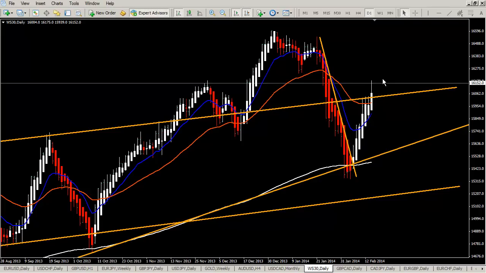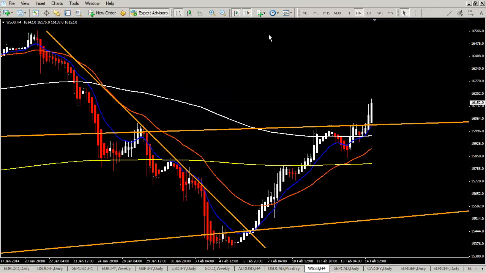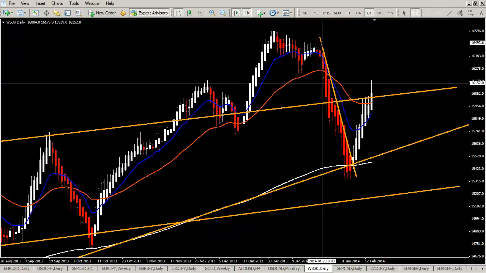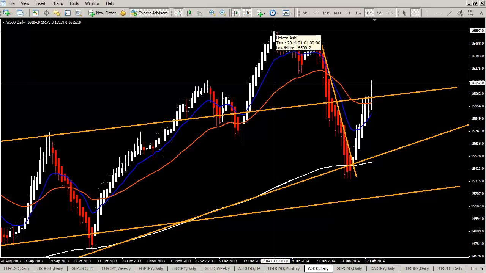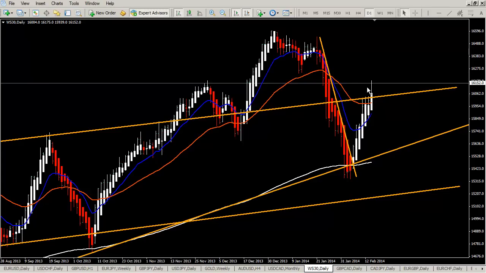And now you need to wait for a setup, at least on the 4-hourly chart, again over here to look for new longs. Okay, and don't forget your resistance area up here and up here. The highest point is 16,606. Okay, the highest point that you could target if you want to look for new longs, but I would really wait for some setups on the lower time frames.